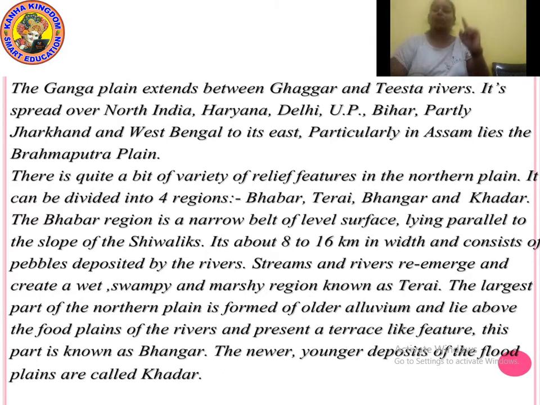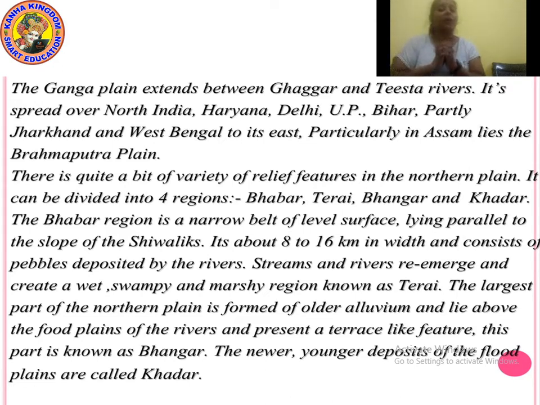So never forget Bhabar, the first one, the level of the land. Clear? Understand very nicely. Terai is an area created by the streams and the rivers re-emerging, joining with themselves.